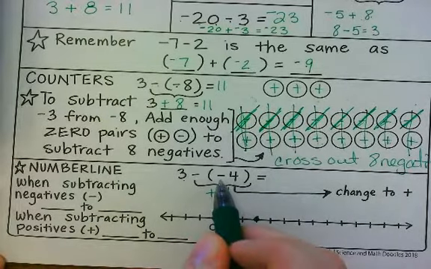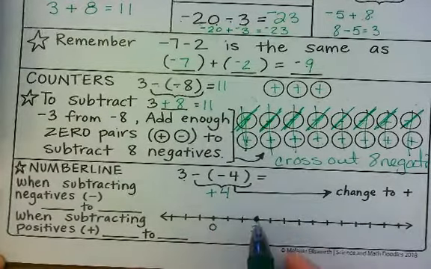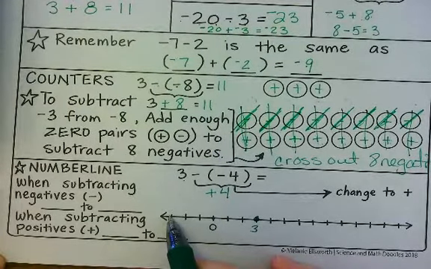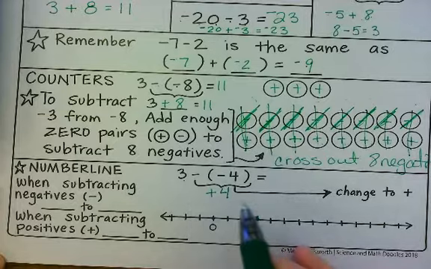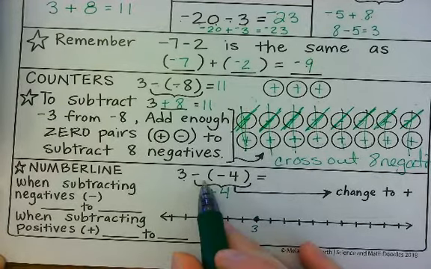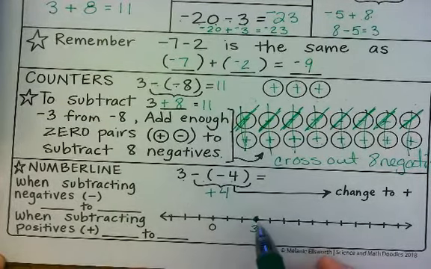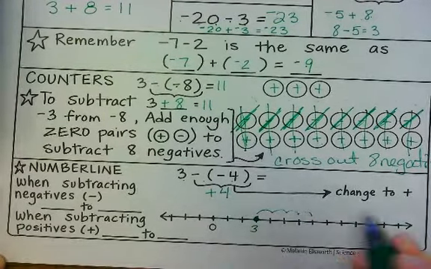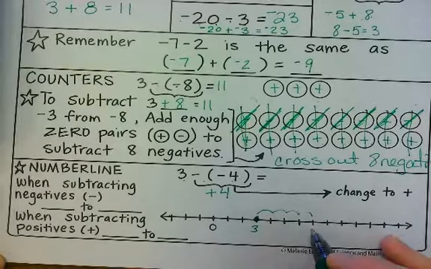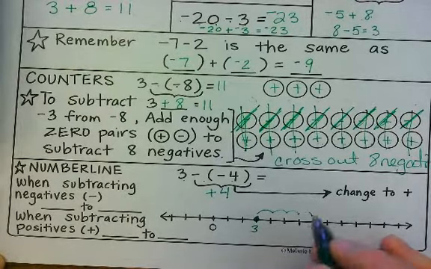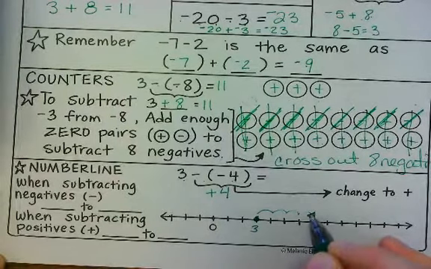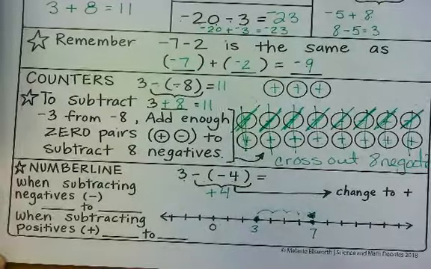So minus a negative 4. Subtract goes this way, but do the opposite of what it says, which means to go this way. So 1, 2, 3, 4, which puts me at 7.